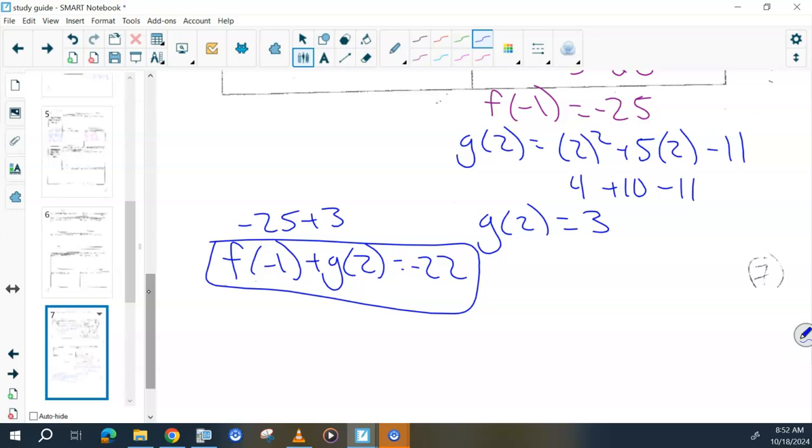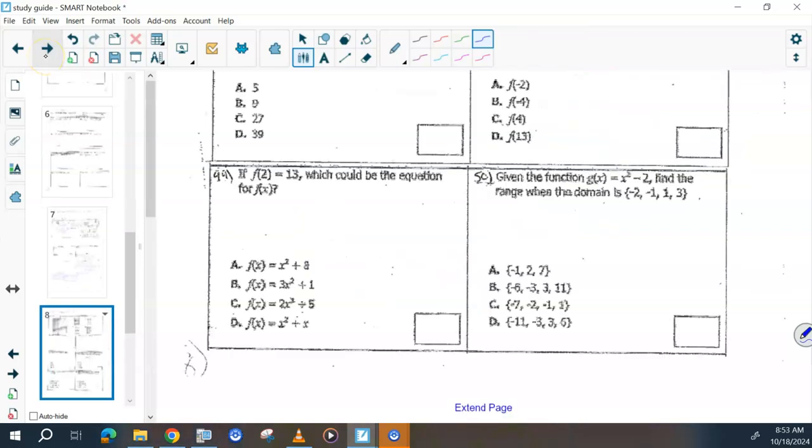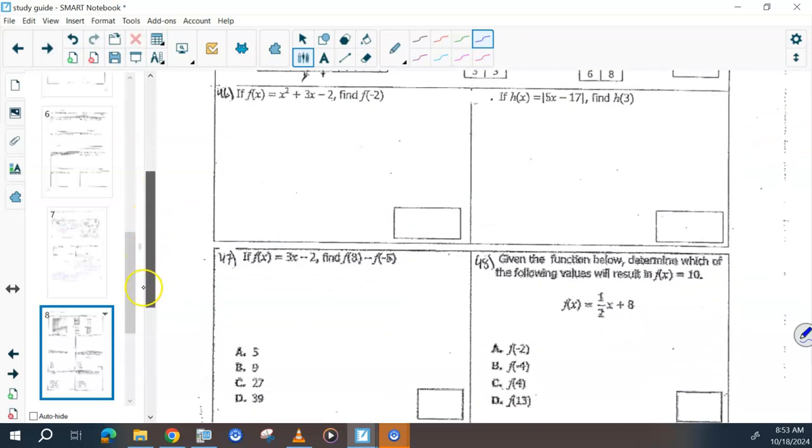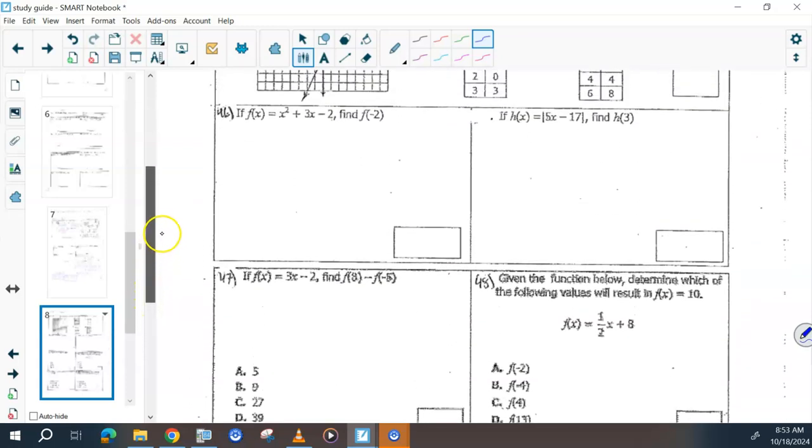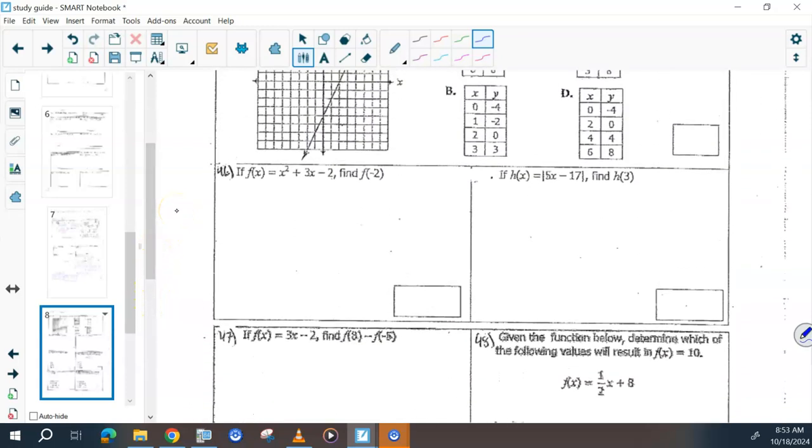What were you going to say? 40? 45. 45 is similar to the graph one we just did, so we're going to do that one. But 50 is here. So 46 is like the g of x equation. Yeah.